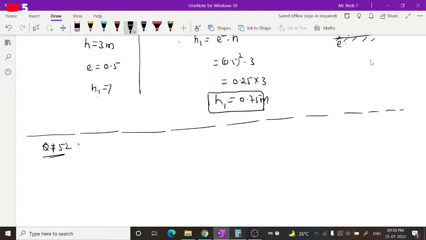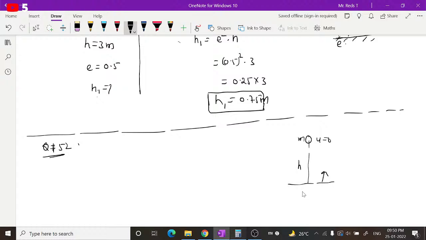What is given here is a particle falls from a height h upon a fixed horizontal plane. A particle, let us say of mass m, falls from height h. Falls means it is dropped, with initial velocity 0, from height h upon a fixed horizontal plane, and rebounds.